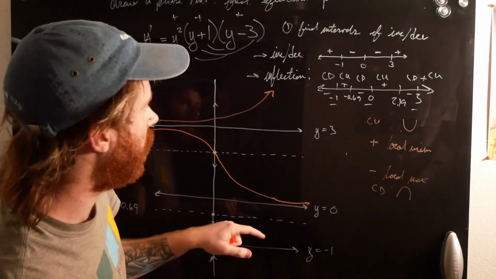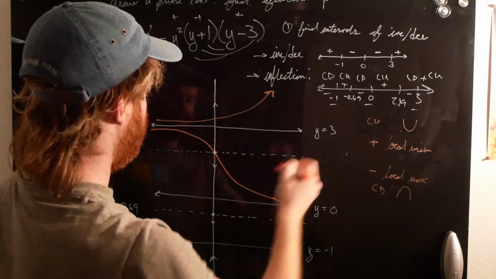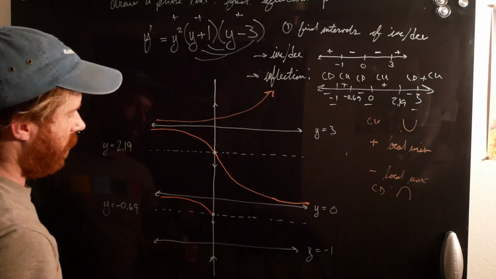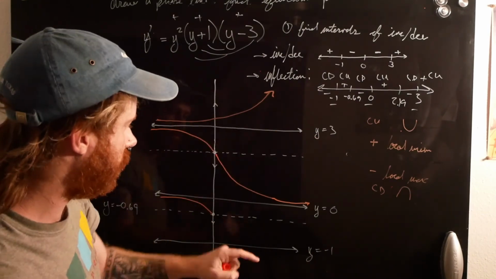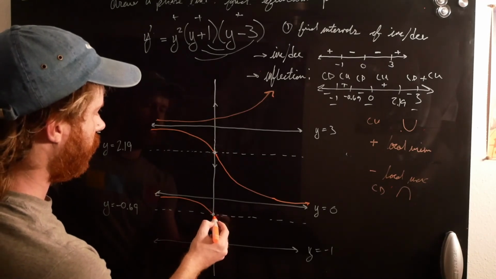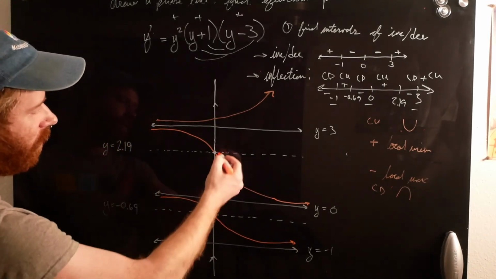So now the inflection point flips again from 0 to negative 0.69. It is concave down this time, and it is still decreasing. Then it flips concave up from negative 1 to negative 0.69, still decreasing. Do you understand what I mean by decreasing?